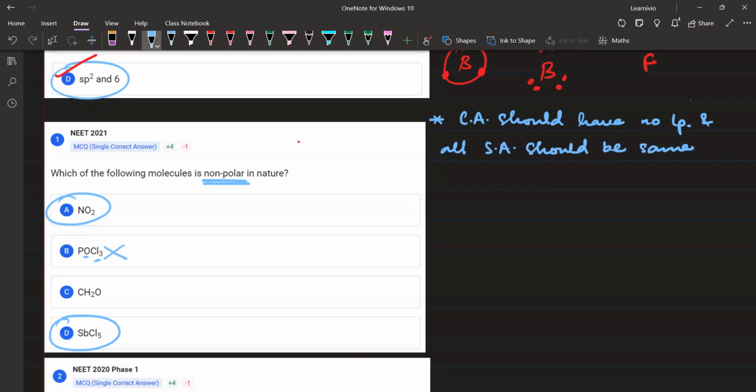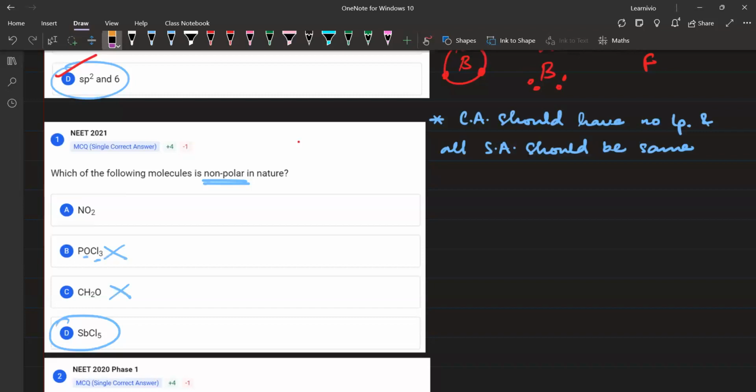Now we have two left. We have to see whether NO2 has any lone pair or SbCl5. Without any charges, it has O negative, the nitrogen will have a positive charge, and there is a resonating bond. So at this point, there will be one lone pair, right?